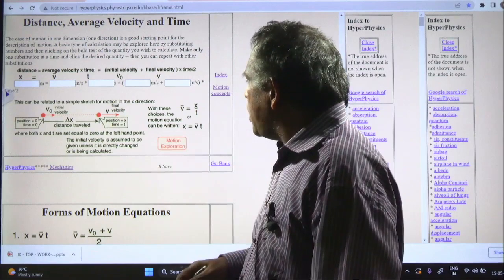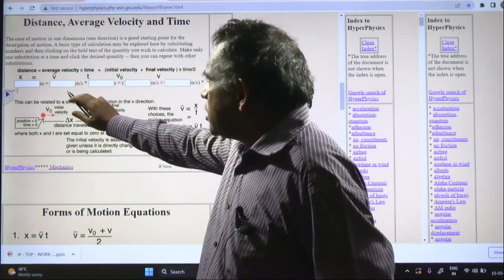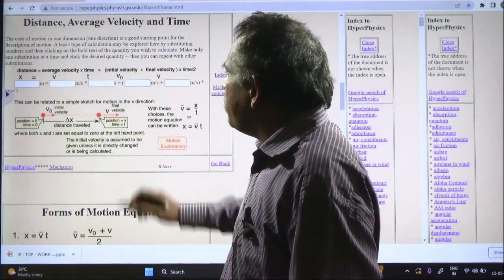Let us take the initial velocity and final velocity.